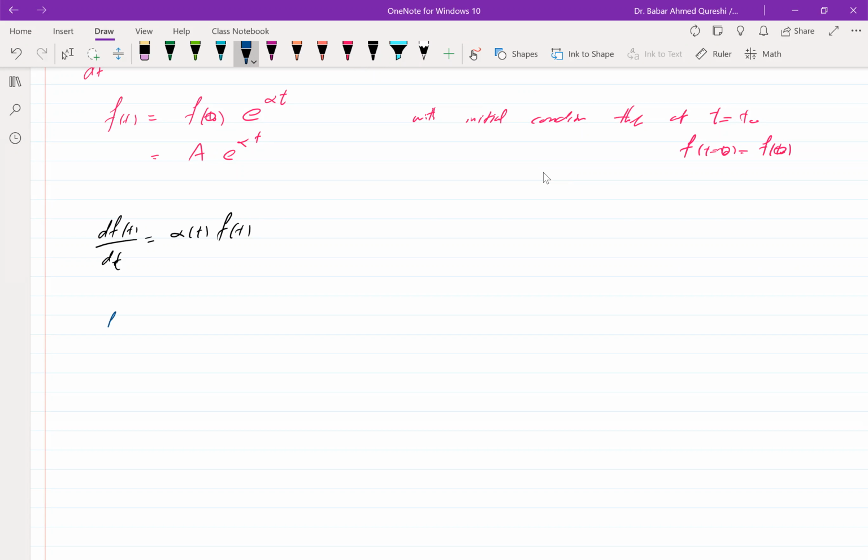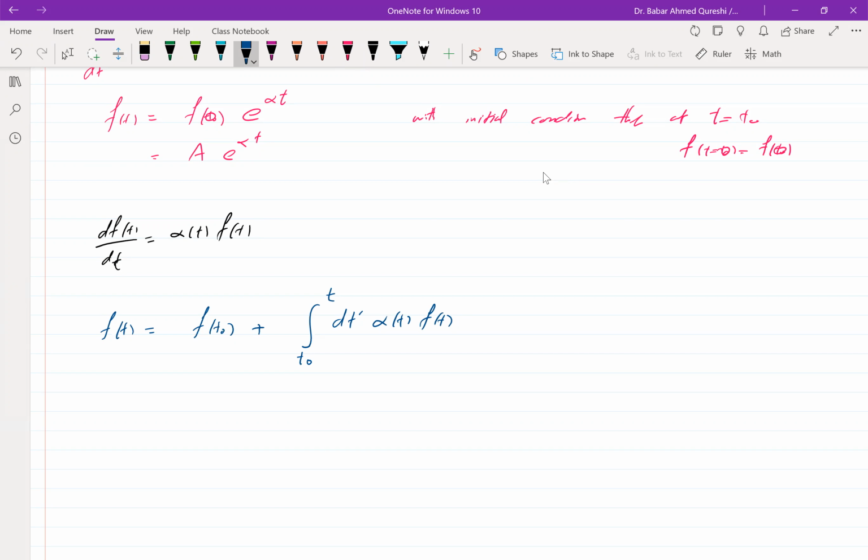I can just integrate this equation and I get some constant of integration, which I'm writing as f of t naught, and I'm just integrating the right hand side, which gives me this factor.